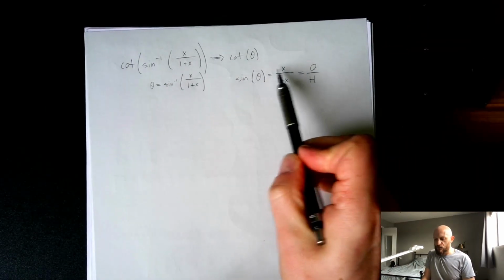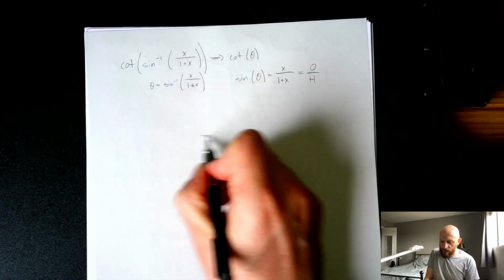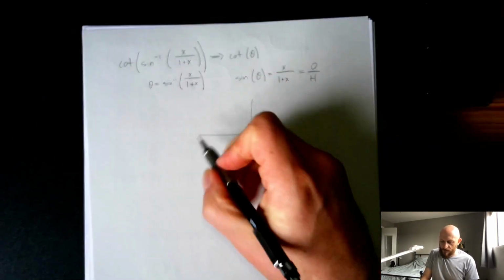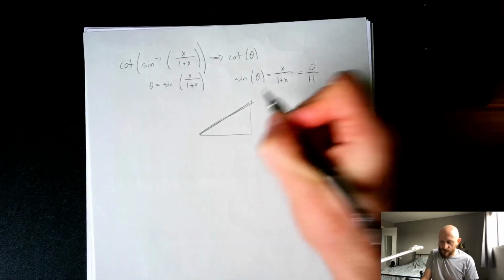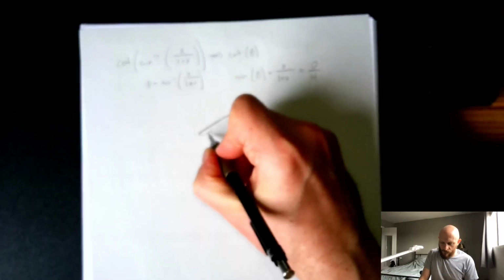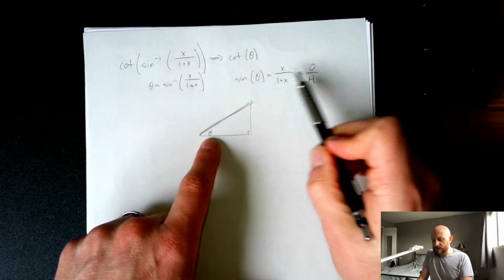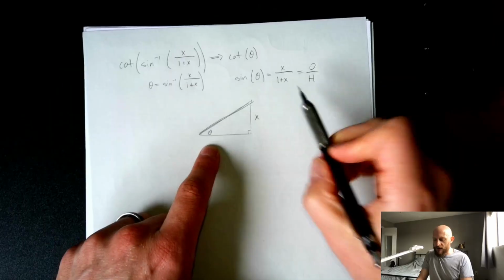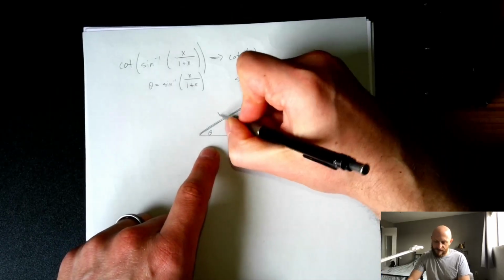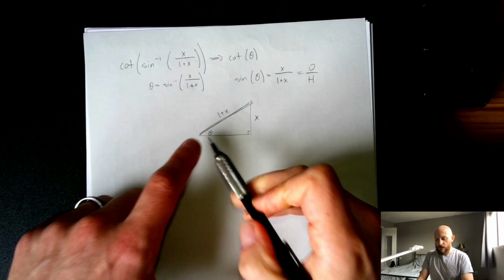And we have this direct correlation, which means that all of this is coming from some diagram, some right triangle, where we'll say theta's down here. The side that is opposite of theta has a length of x. The hypotenuse has a length of 1 plus x. So now, here's our theta.